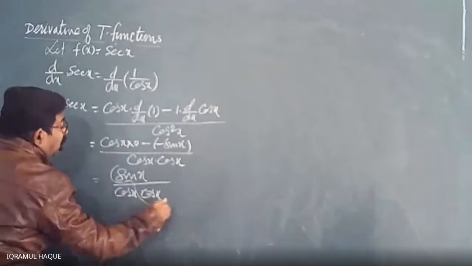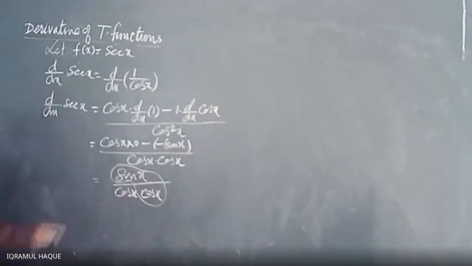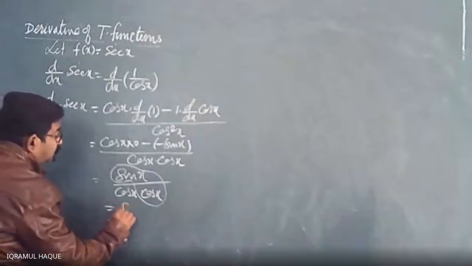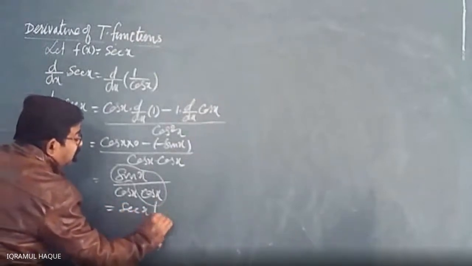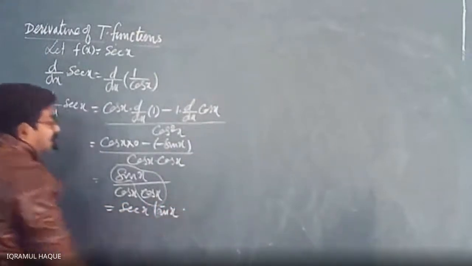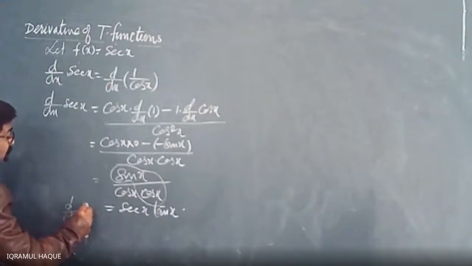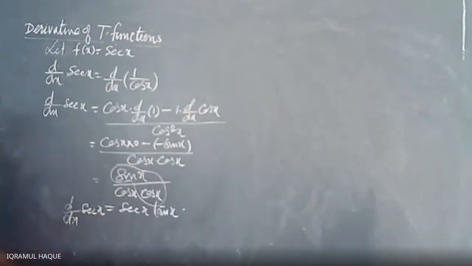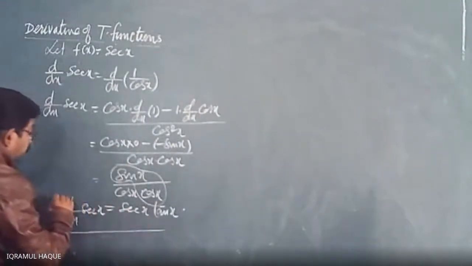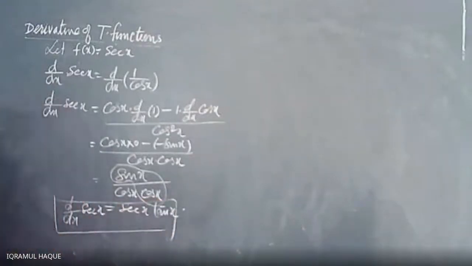So this sin upon cos is tan and 1 upon cos is sec. So we have sec x tan x. So d of dx of sec x is equal to sec x tan x. This is the last trigonometric function. So you have to memorize all these terms.